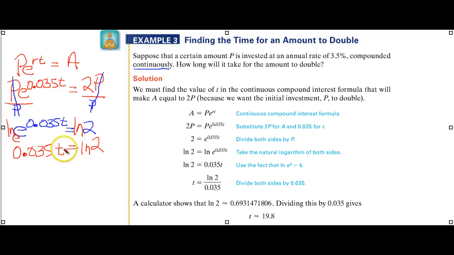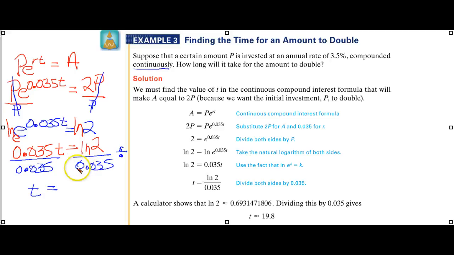Now, we want to solve for the letter t. So how do we do that? Well, we're going to divide both sides by this. And here's where your calculator comes in so handily. You're going to put natural log of 2, and then you hit the division sign in your calculator, and then you put this in.